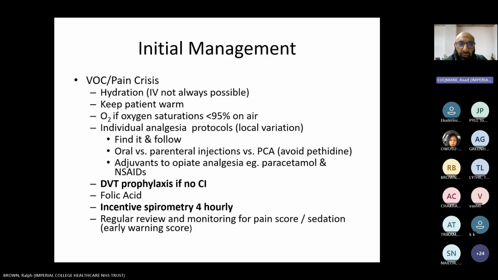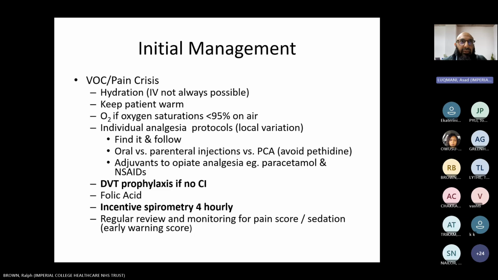The patient should be kept warm, and if there is any concern about hypoxia, so oxygen saturations on pulse oximetry less than 95%, then they can be given supplemental oxygen via an appropriate oxygen delivery system.